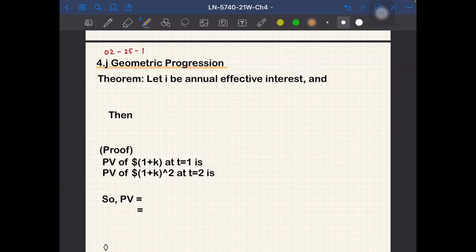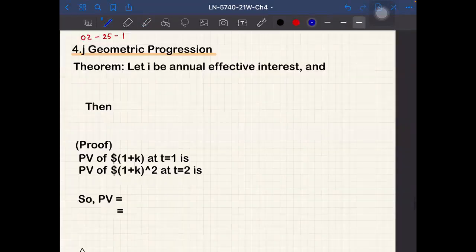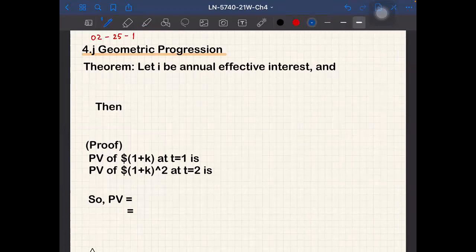So let i be the annual effective interest and consider the time diagram. The time diagram starts with 0 and ends with n.